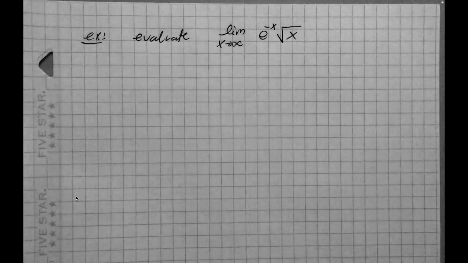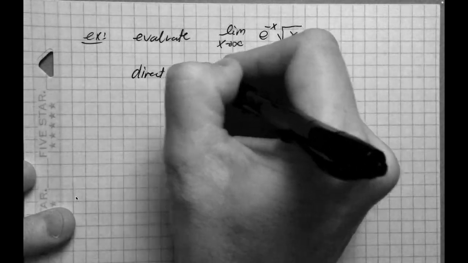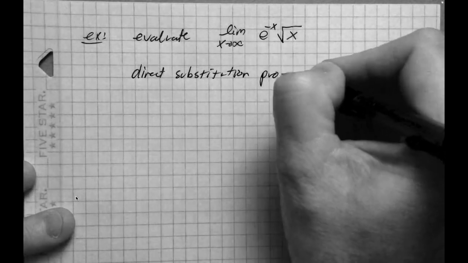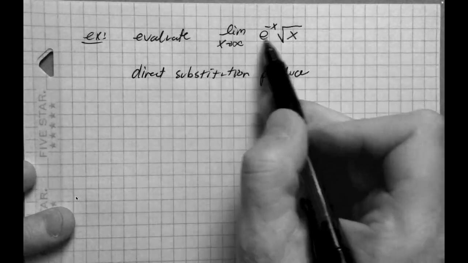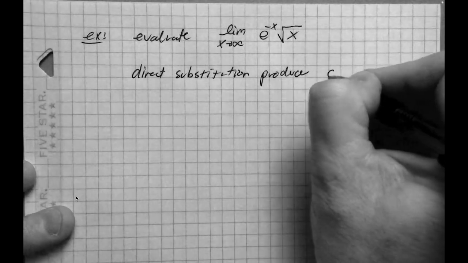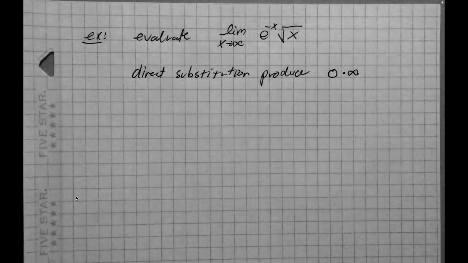Direct substitution here is going to produce what? This becomes 0, and this would be infinite. So this is like 0 times infinity, which strictly speaking isn't an indeterminate form that L'Hopital's rule directly addresses.